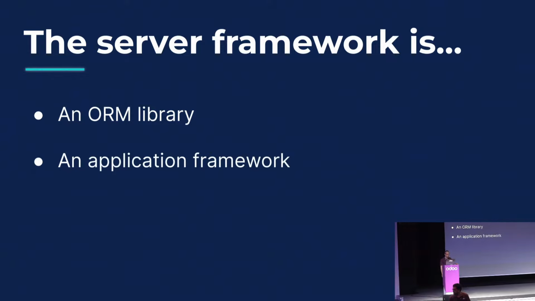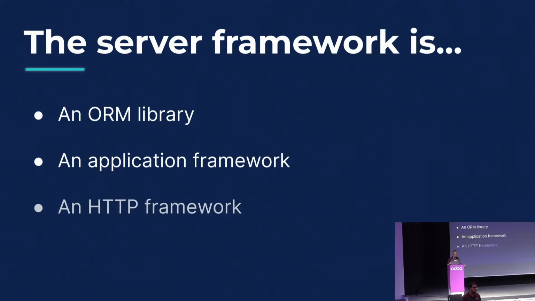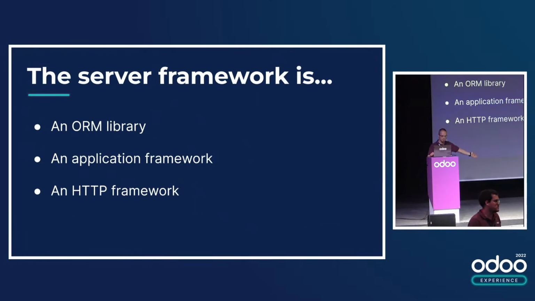It's an application framework, and it's also an HTTP framework, because we have a website, so we can define controllers and things like that. The application framework part is essentially for dealing with all the interactions between the server and the client. And the ORM library is similar to other ORM libraries.